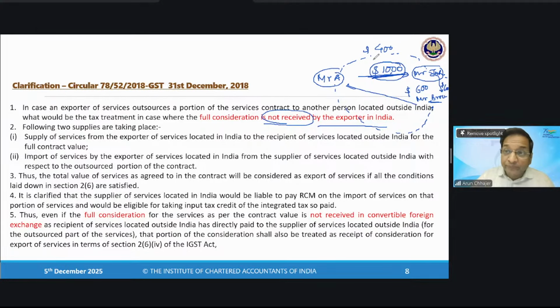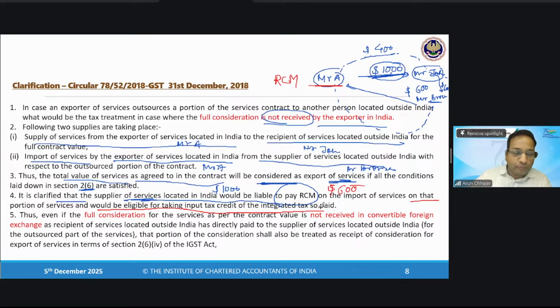The answer is $600. On that portion of the service, and would be eligible for taking the ITC of the integrated tax so paid.